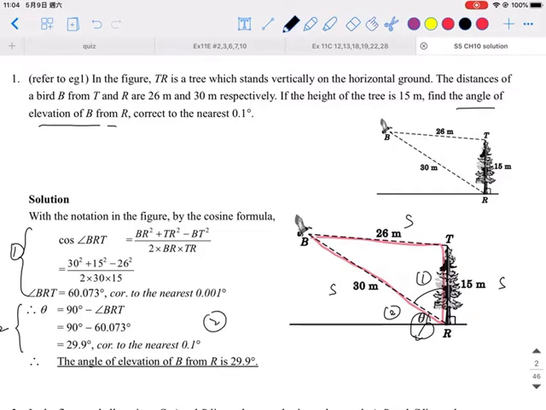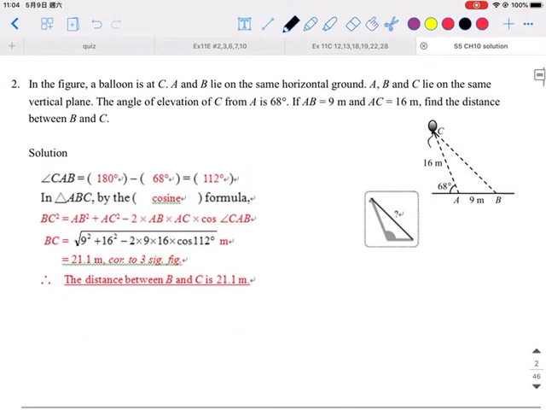For the second question, in the figure, a balloon is at C here, and they lie on the same horizontal ground, with the information shown in the graph. The keyword is: find the distance between B and C. So we need to find this one, BC.